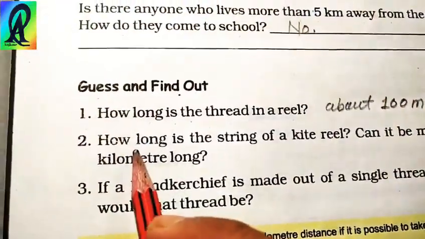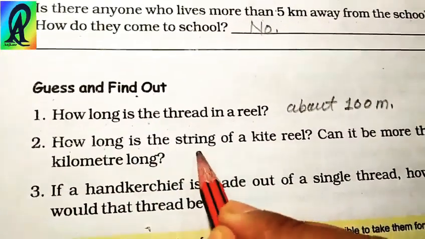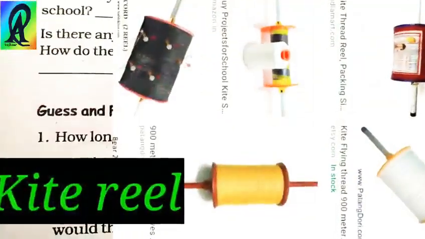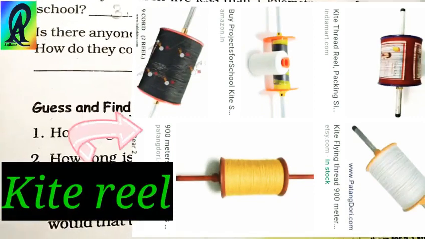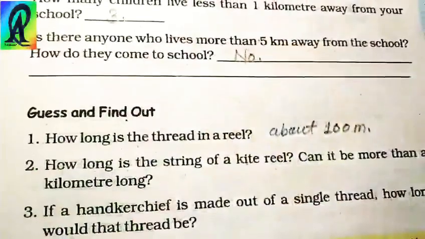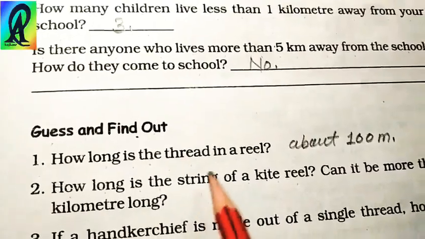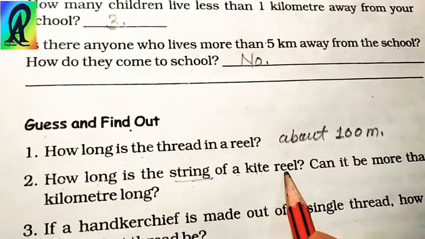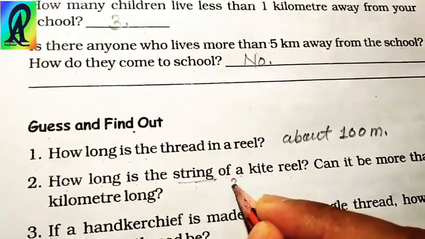And the next question is how long is the string of a kite reel? So you can guess what will be the string length of a kite reel. I think the length of a string of a kite reel will be about 200 meters.